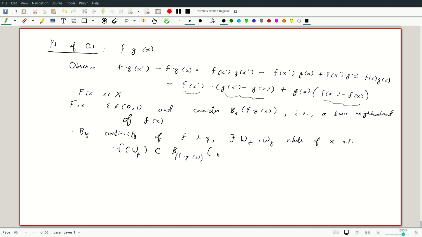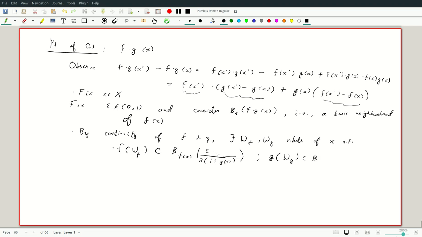I'm sorry, not f times g of x, just f of x. So by continuity of f, the ball of radius epsilon divided by 2 times 1 plus g of x around f of x, and this time not f but g, of WG.